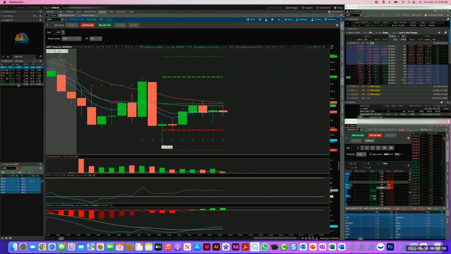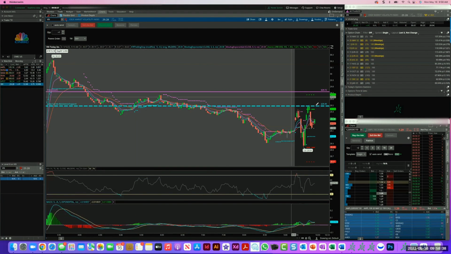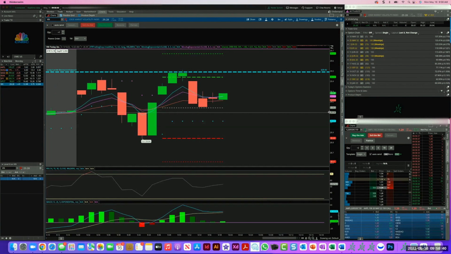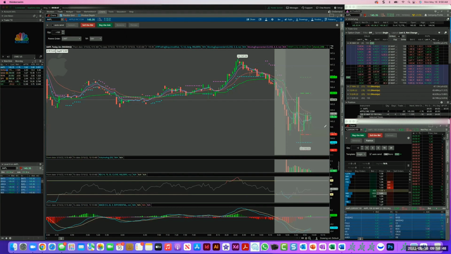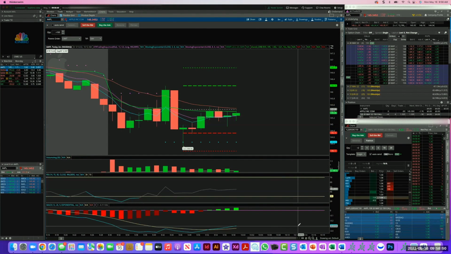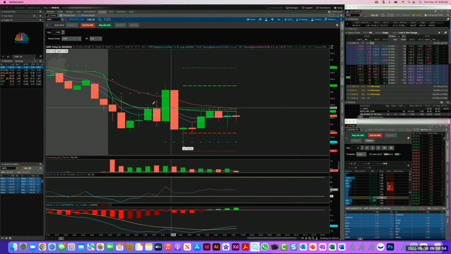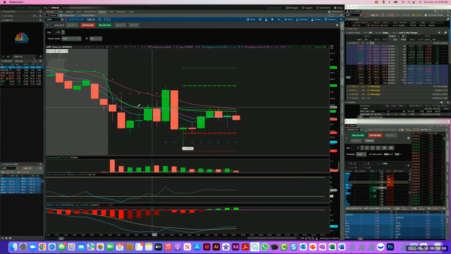So the VIX is still giving us somewhat a bit of trouble. We're not quite yet fully bullish on the Apple trade because we're below the VWAP, the green line here.